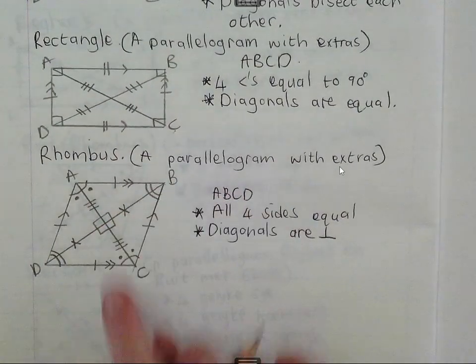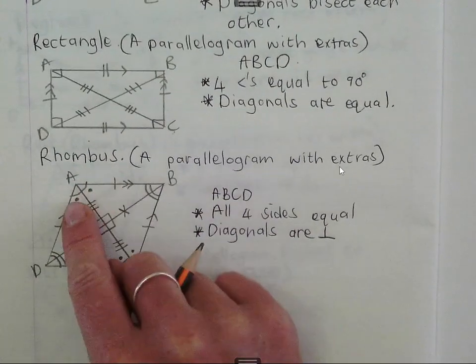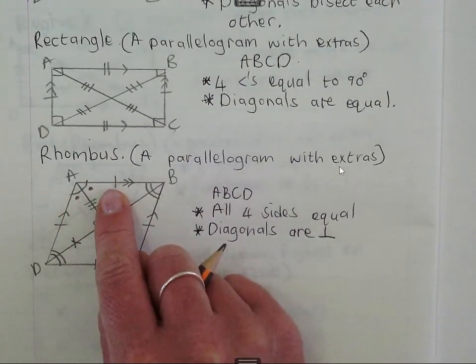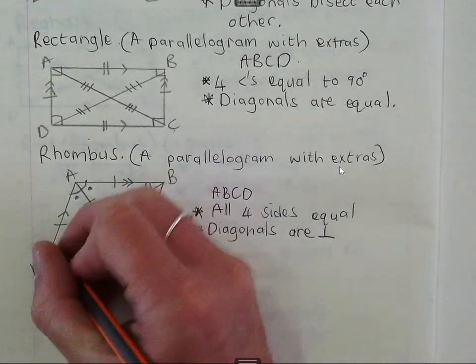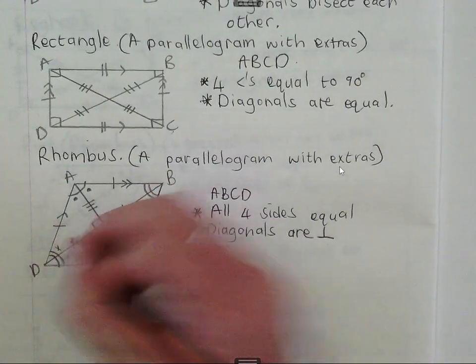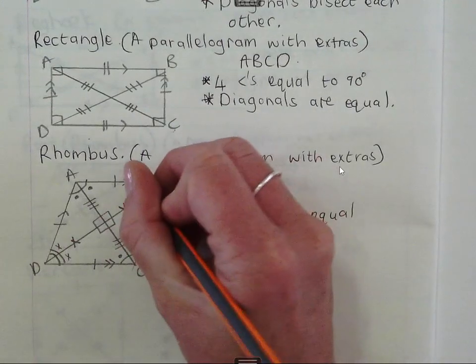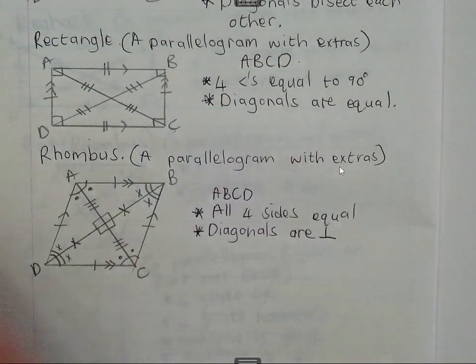Do you see that? It cuts angle A in half, which means those two angles will be the same size. And it cuts C in half, which means those two will be the same size. And it cuts D in half, meaning those two will be the same. And it cuts B in half, it means those two will be the same.